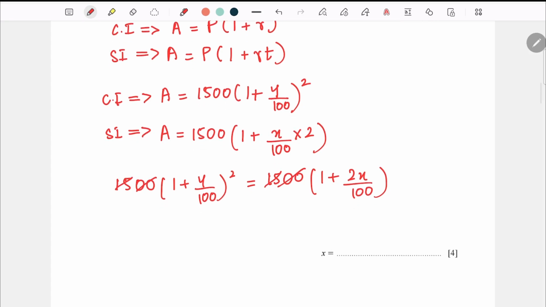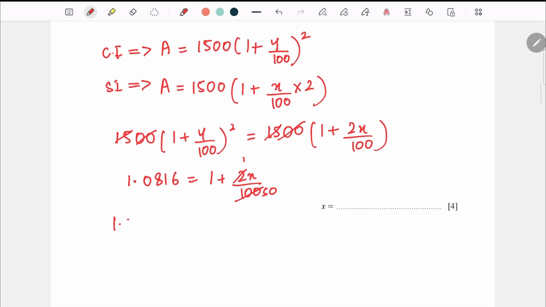And 15 will also cancel out. And when I'm solving this entire bracket using the calculator, I'm getting the answer 1.0816, which is equal to 1 plus 2x divided by 100. 2 ones are 2, 50s are 1, so 1.0816 is equal to 1 plus x divided by 50.